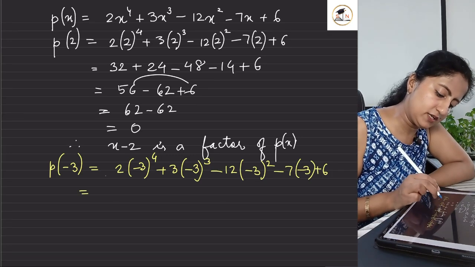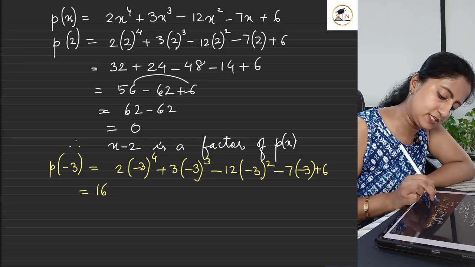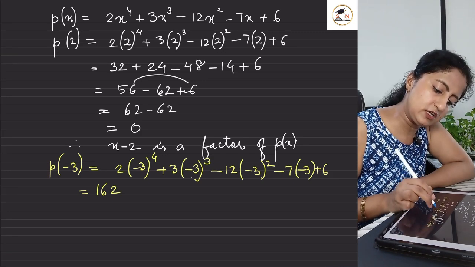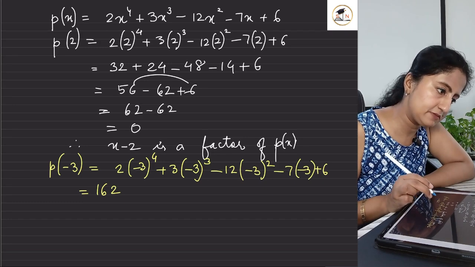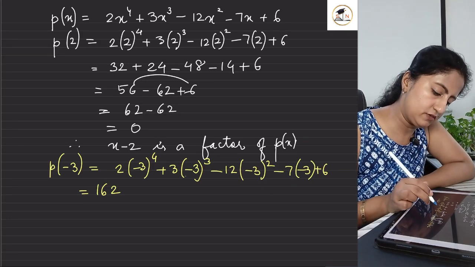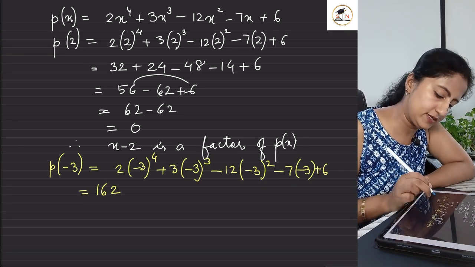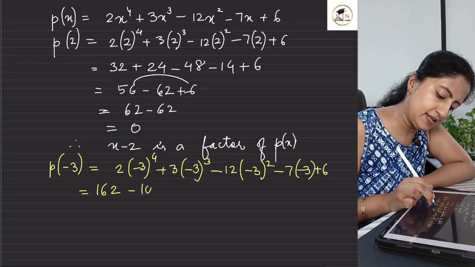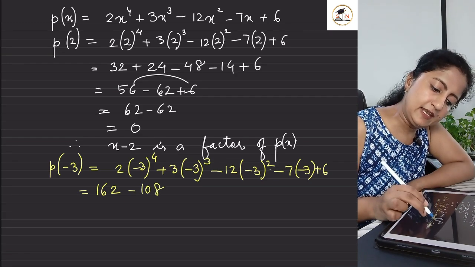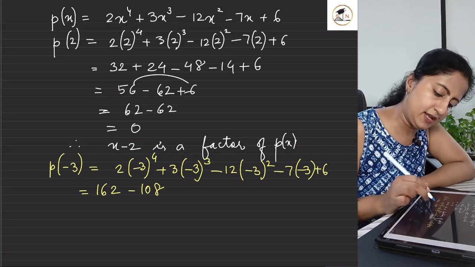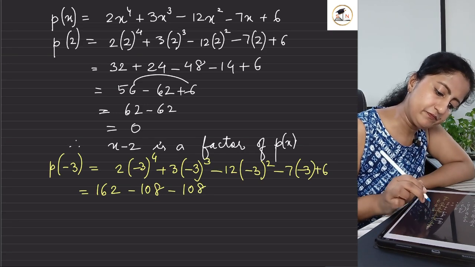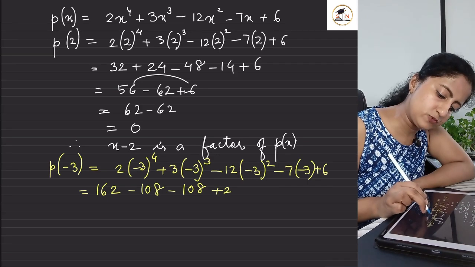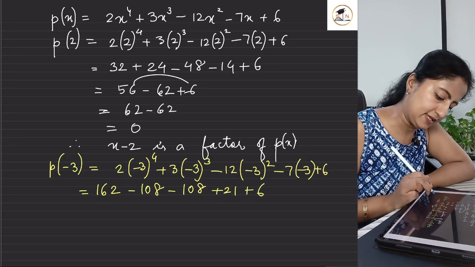It becomes 81, and 81 times 2 is 162. This is 27 minus 27, and minus 27 times 3 becomes -108. Negative 3 squared is 9, and we have minus 108 again. This becomes plus 21 plus 6.